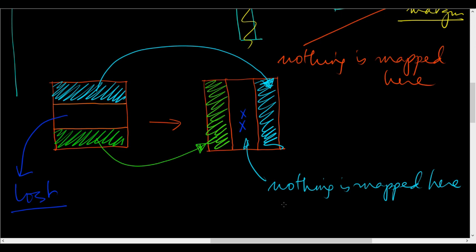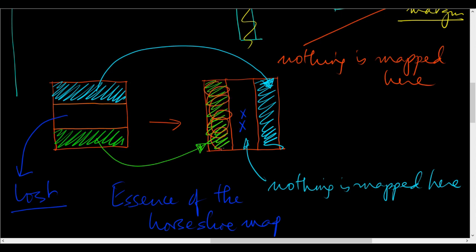So this is really the essence of the horseshoe map. There is something that you have to understand, and it's really important, and that is that every point inside this rectangle has an inverse, right? This point does not have an inverse, because nothing got mapped here.